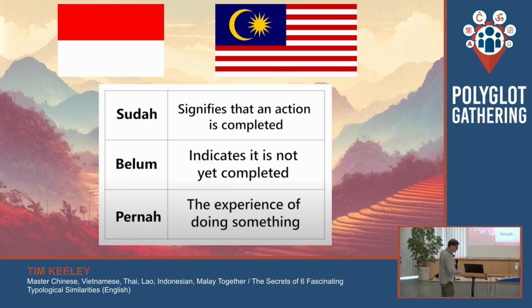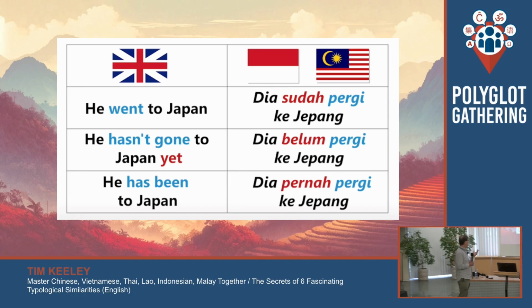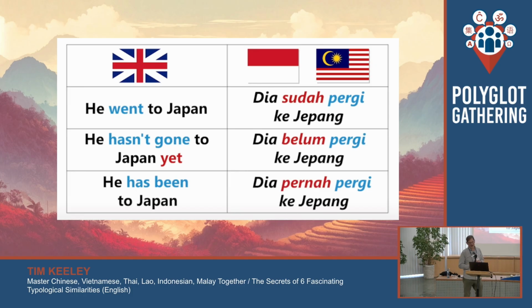When we get to how do we do this? What do I have for next? Okay, so I'm going to give you some examples here. Excuse me, I keep turning around to look at this because I have to remember how I did it. We're going to use went, and then belum for has not gone, and then has been. So dia sudah pergi ke Jepang. Dia belum pergi ke Jepang.